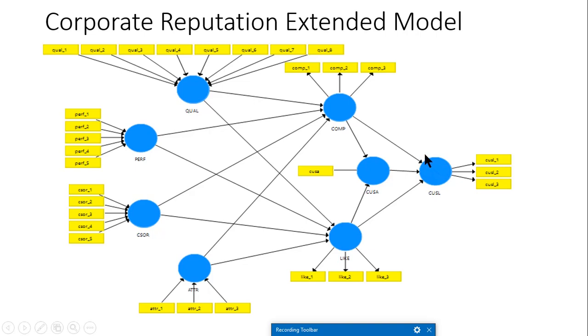Then we have another two corporate reputation dimensions, which are competence, comp, and likable, like. And last we have four exogenous driver constructs of the two corporate reputation dimensions, which are quality, performance, corporate social responsibility, and attractiveness.